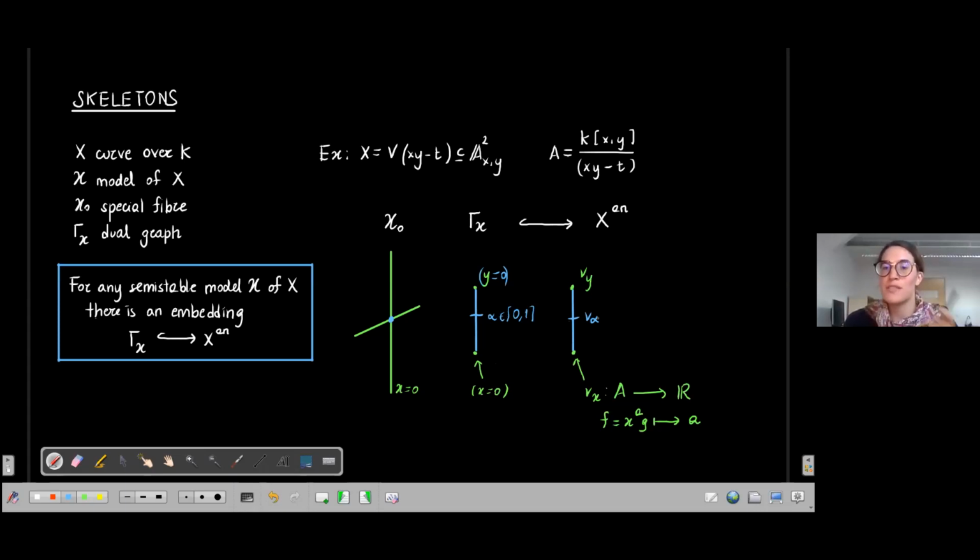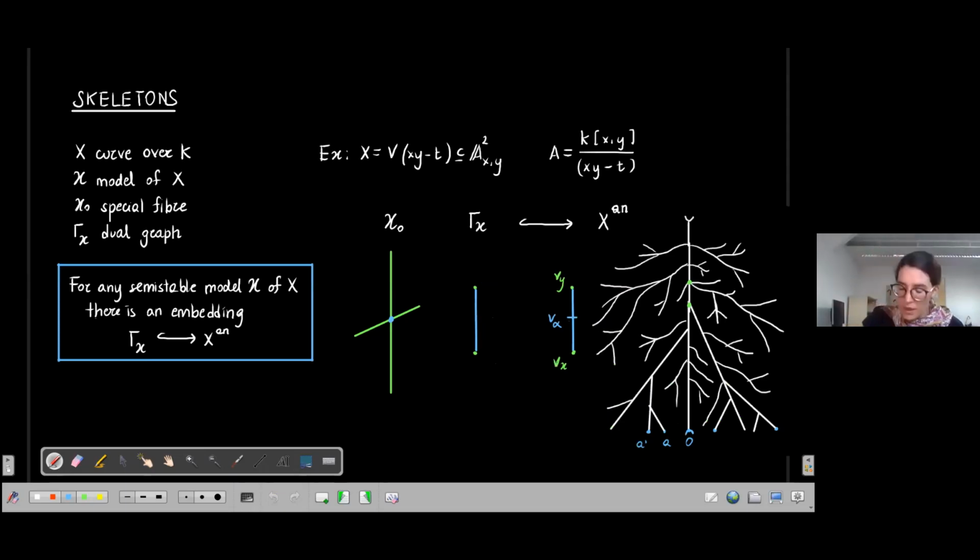And then, in this example where we have a really explicit equation, we can even see what kind of subset in the Berkovich space we are getting. So here we have these 2 points, eta_{0,1} and eta_{0,e^{-1}}, and these correspond to this V_y and V_x.